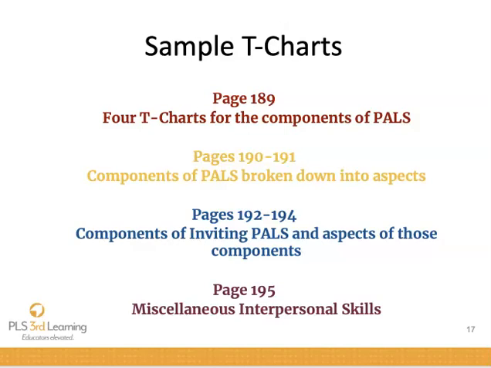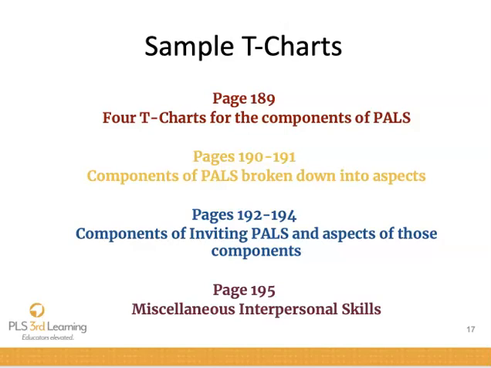Notice that sounds like examples are always written as quotes. You want to record on the T-chart the exact words your students would say when practicing the interpersonal skill. The looks like should be a description of physical behavior you would see. On pages 190 and 191, you see the components of PALS broken down into aspects.